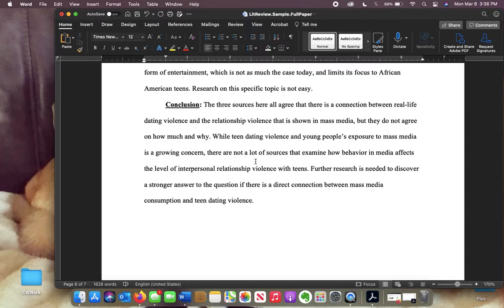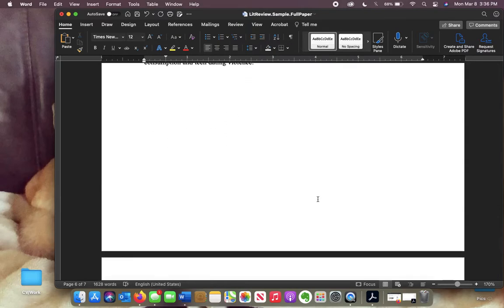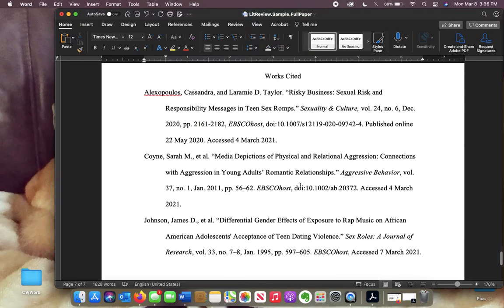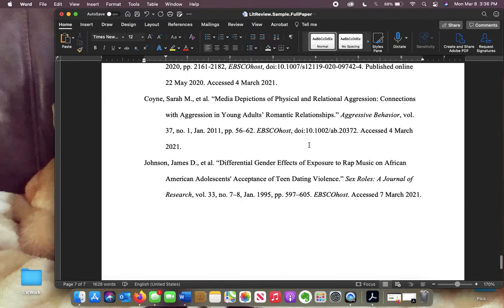Further research is needed, and so on. So it concludes everything that we're saying there. It starts out reminding the reader of the argument, and then goes back out to more general terms about the subject itself. And I'm doing a lot of hand motions that you probably can't see, but they help me talk. And then I have my works cited page that's got all the sources on there.